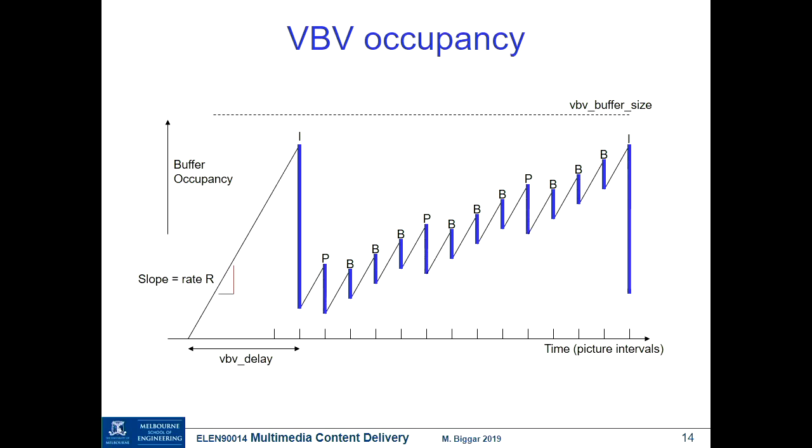Of course, the display order is different to the transmission order. We talked about that because of the B frame thing. So this P picture is decoded, is read out of the buffer and decoded, but it stays in the decoder used for prediction for these guys before it's actually displayed.